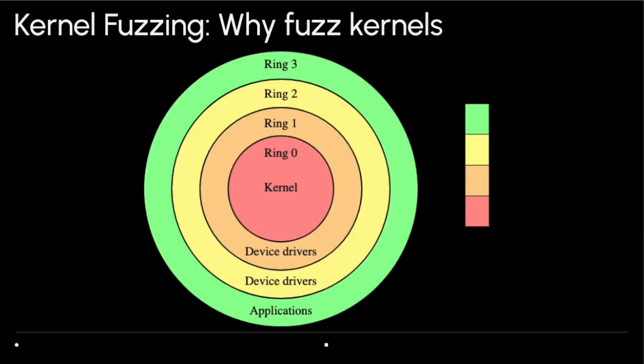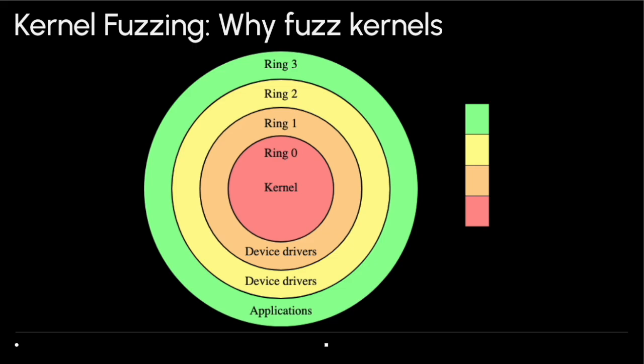Now we get into why we actually care about fuzzing the kernel. The kernel at its core is the privileged component of the operating system that acts as the primary bridge between the software applications and the physical hardware. So it's basically the lowest level software that exists on the computer. Looking at this privilege ring diagram, we can see our applications live on the outside in ring 3, and the kernel lives in the center at ring 0.